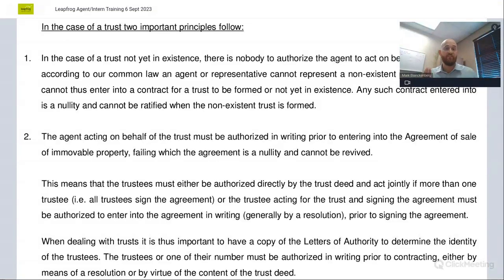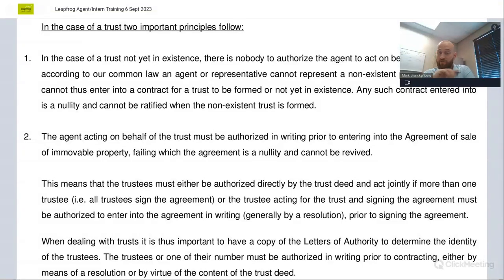So if somebody's in the process of forming a trust, nothing is actually going to be binding on anybody until the trust is formed. Okay, after the trust is formed, then you can sign the agreement correctly and it can be binding from that point on. But anything prior to that is not going to be binding.